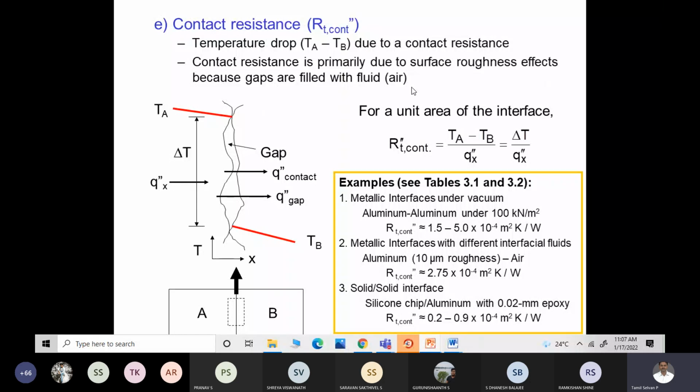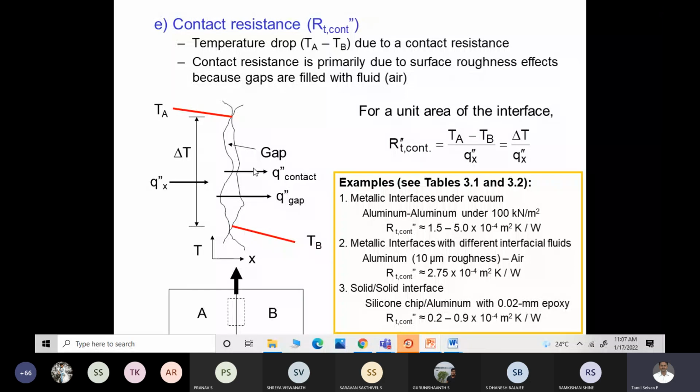You can see the metal interface, that is the aluminum interface under vacuum, and its resistance. When we have air, look at the resistance, and when you have silicone and aluminum, look at the resistance. So the resistance values vary depending upon the gap.